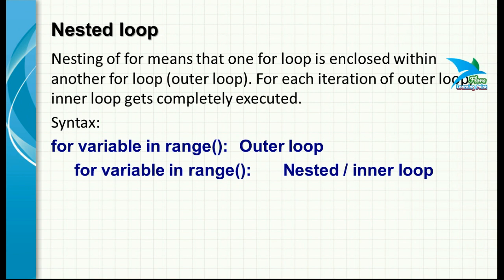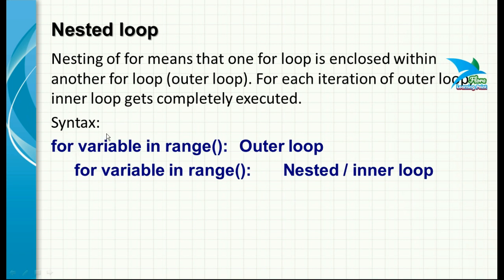Next we'll discuss nested loops. Nesting of for means that one for loop is enclosed within another for loop. For each iteration of the outer for, the inner loop gets completely executed. Here we have the syntax of using a nested loop.